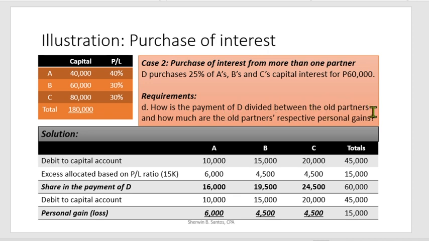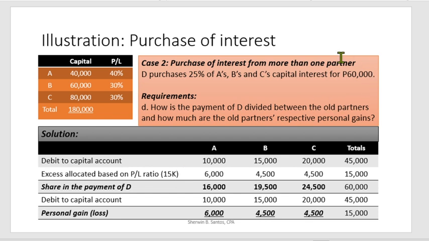How is the payment of D divided between the old partners, and how much are the old partners' respective personal gains? So, ang tinatanong naman dito is yung personal gains ng bawat isa. So, sino ba ang nagbenta? A, B, at C. Okay, let us try to look. Kung magkano yung na-debit sa kanilang capital account ay 10, 15, and 20. Total na 45. The excess is allocated based on the profit and loss sharing ratio.